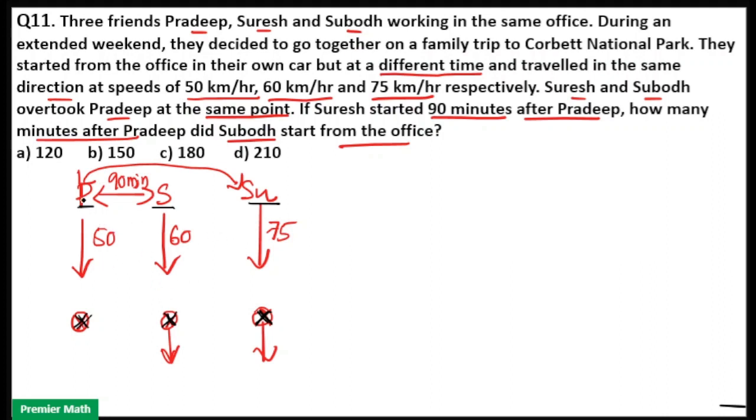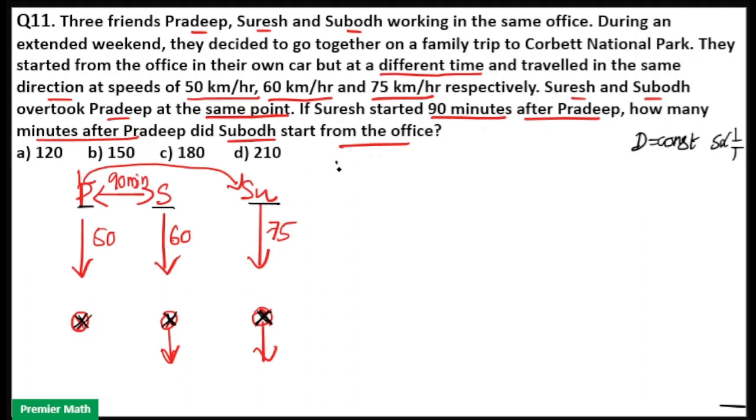Here time is not constant because time is varying. They started at different times, so time is not constant and speed is not constant. So distance from this to this is constant. That means speed is inversely proportional to time. So we have to find out the speed ratio and time ratio here.